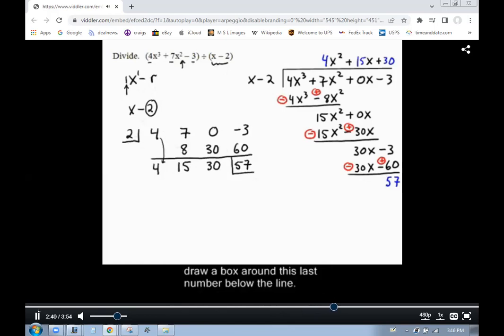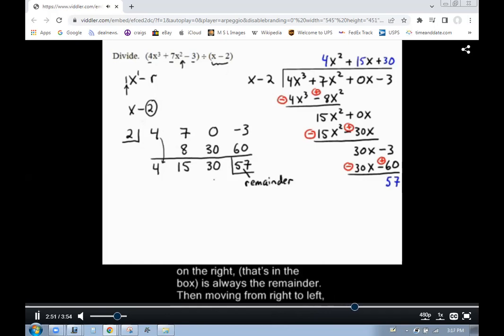To interpret our results, I'm going to look at the numbers below the line. The last number on the right, that's the number in the box, is always the remainder. Then, moving from right to left, we have the coefficients of the quotient in increasing powers of x. So the number 30 is the constant term of the quotient. The number 15 is the coefficient for the x term.